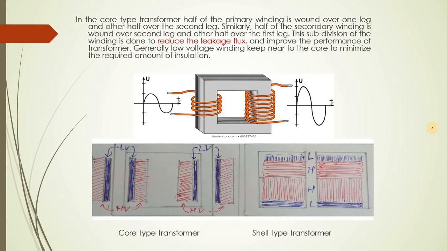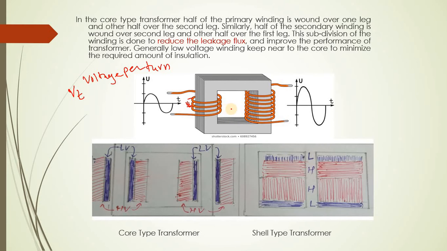It is called VT, voltage per turn. So what is the voltage across this one turn? That is called VT, voltage per turn, and that voltage per turn is the same for all turns whether they are primary or secondary.